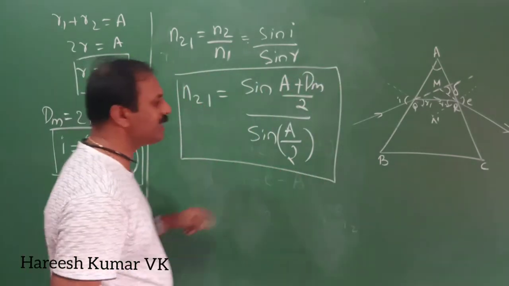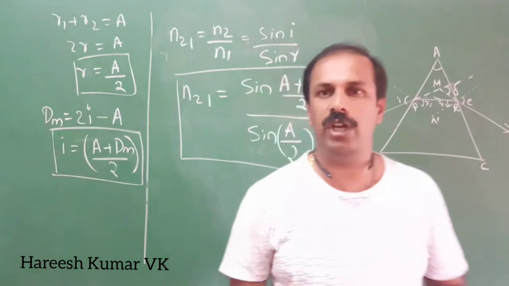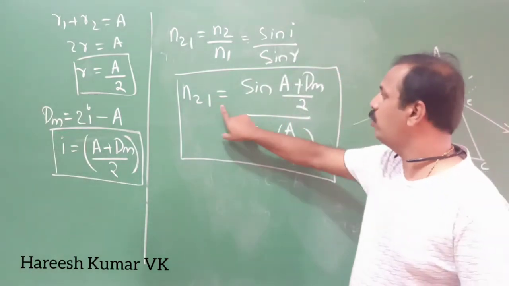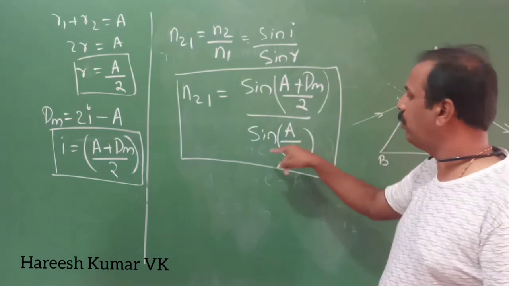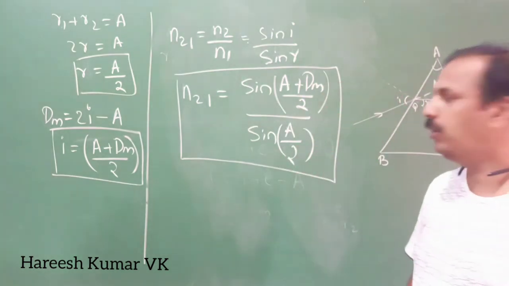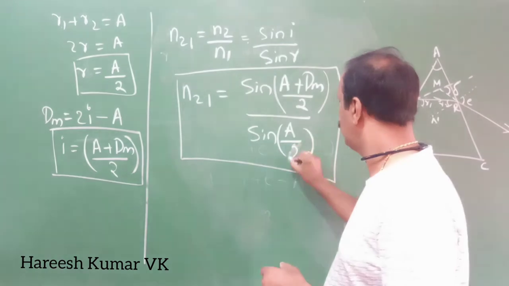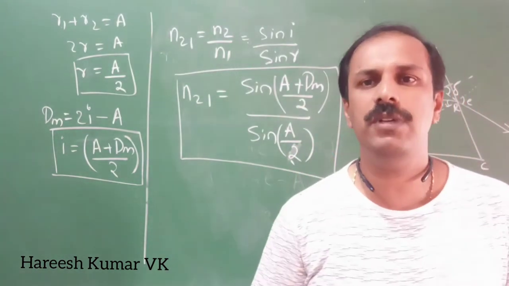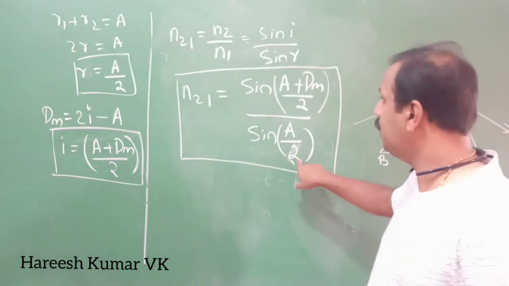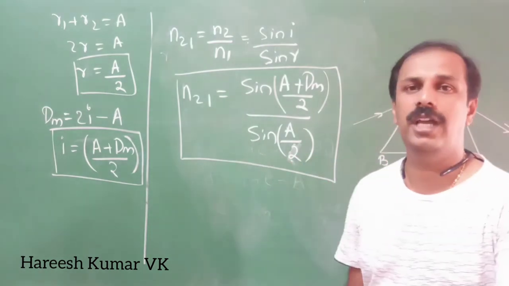The refractive index of the prism is given by this equation, that is n21 is equal to sin of (A plus dm) by 2 divided by sin of A by 2. So this is the equation for refractive index of the prism, or the equation which connects the refractive index and the minimum deviation.